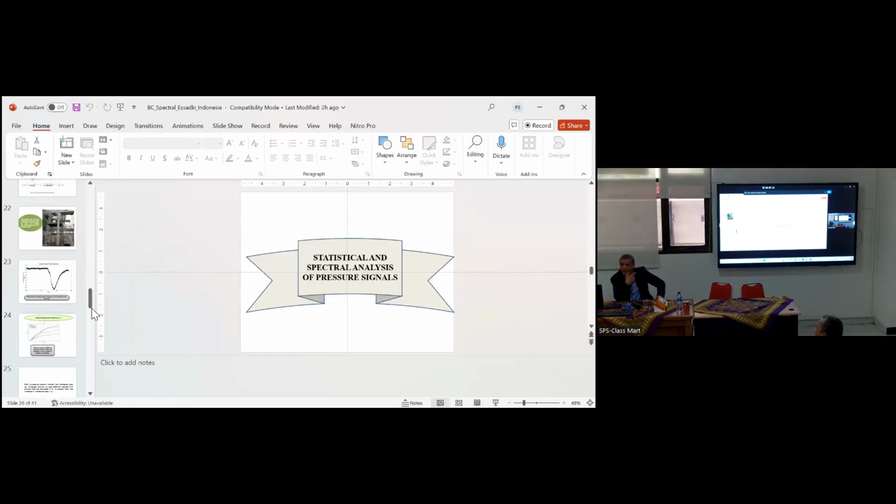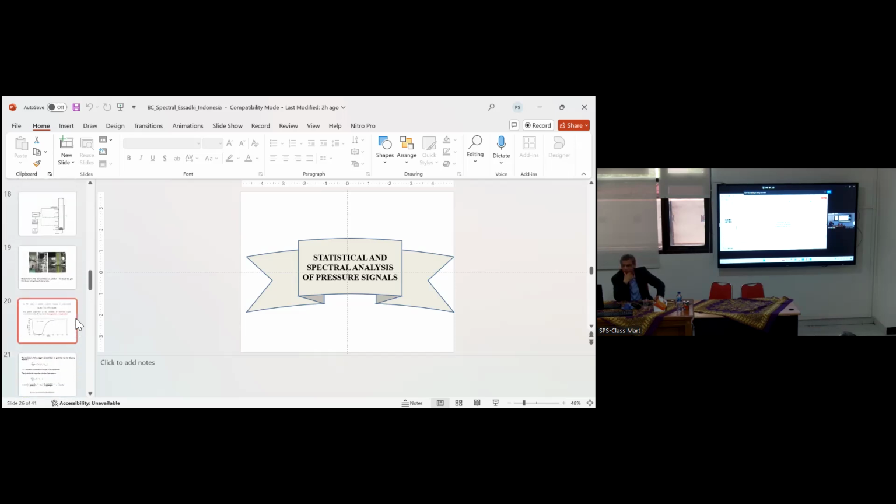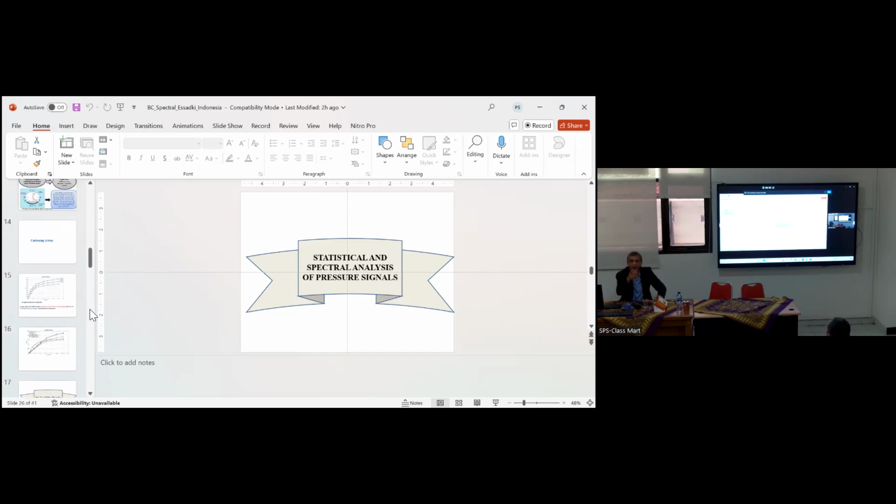Is it the chemical engineering aspect or the environmental aspect? According to the periodicity, I have a periodicity here, frequency or periodicity.